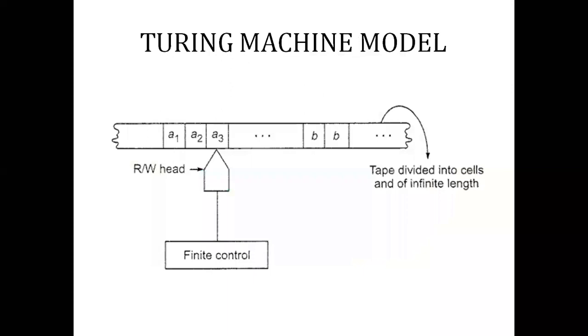Now, let us go back to our finite automata and the computing power, the capability of the finite automata. It had one input tape, a tape head, and a finite control, and the tape head used to move one cell at a time, and the tape was only a read-only tape.